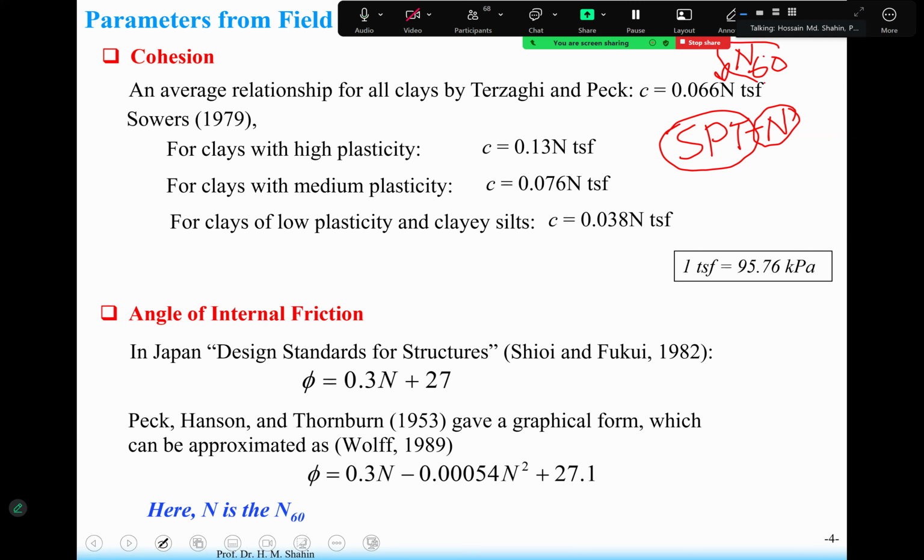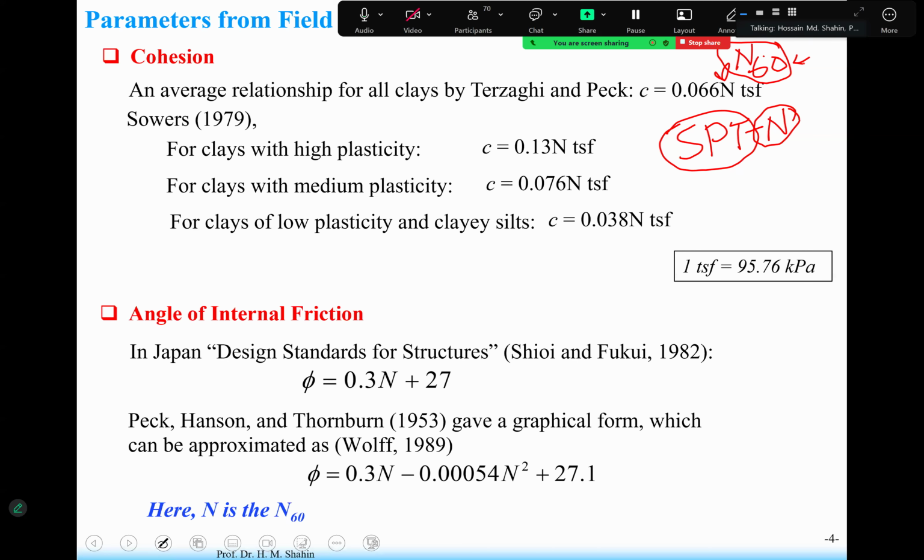So in your report that I supplied, I mean the 10 reports, I have N value only and consider this is N60. Okay, all please consider this N60. The field test value is N60. Most of the cases in our country, they use the SPT hammer that is N60, 60% energy release.